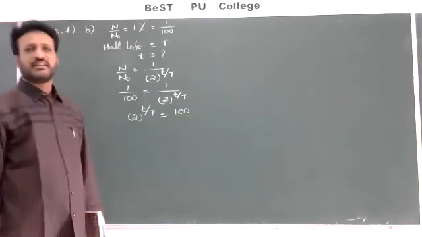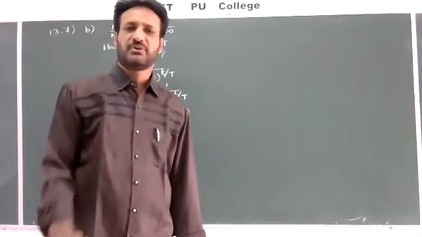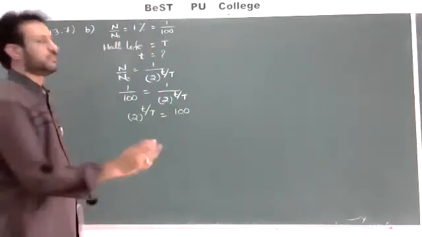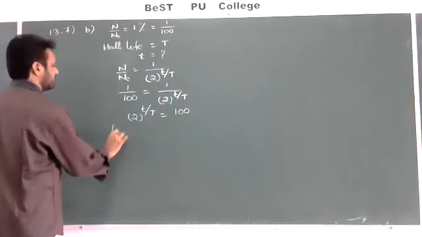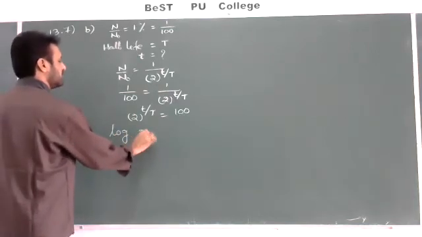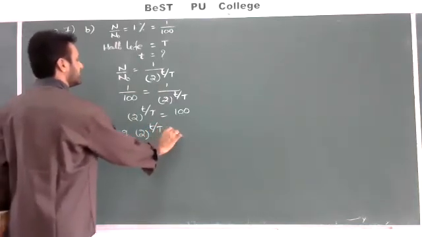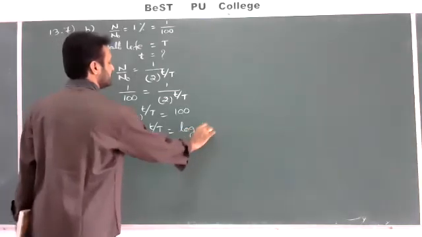But here 100 we cannot write as a power of 2, like 2 power 2, 2 power 3. That's why take a log on both sides: log of 2 to the power of small t by capital T is equal to log 100.